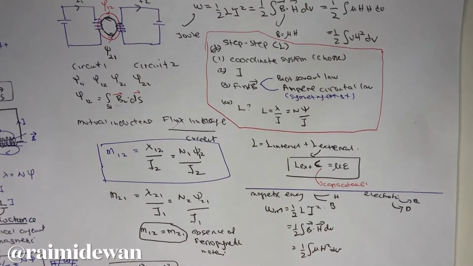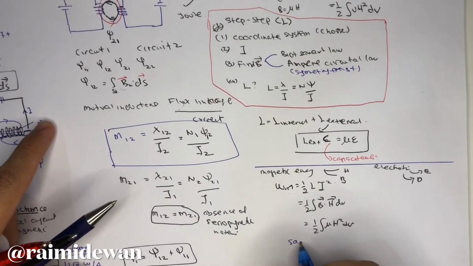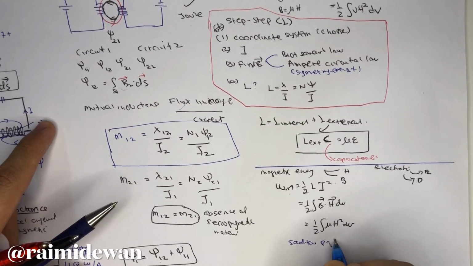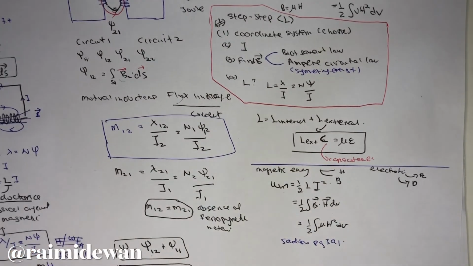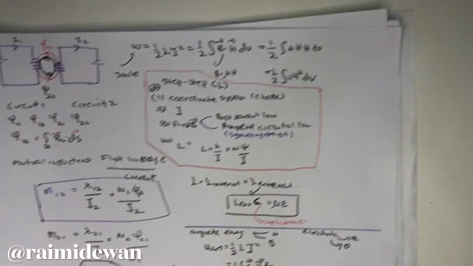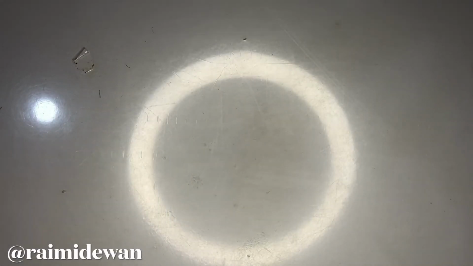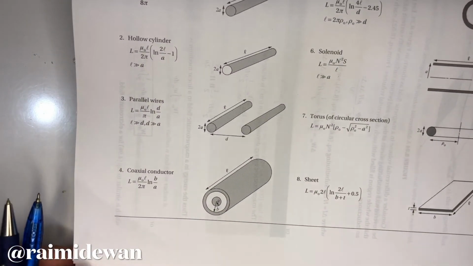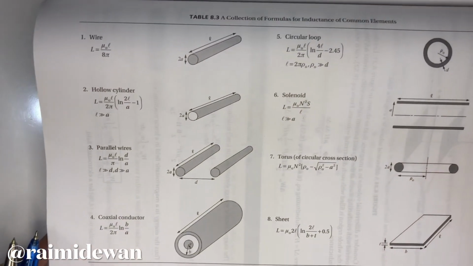And then from the study cookbook page 391, you may see the formula of inductance for different kinds of common elements. Let's discuss here instead of me writing.